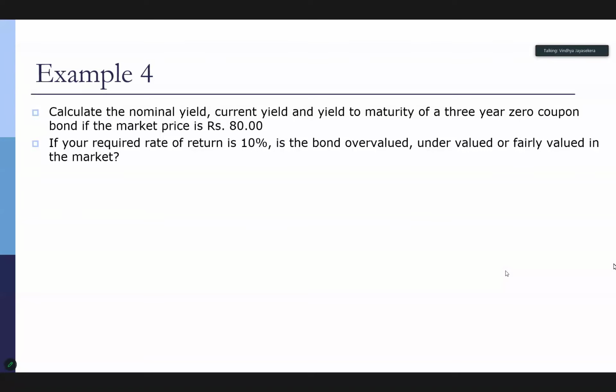It's not the YTM. Janani, correct. Johan, no. Your nominal yield and current yield are not correct. So remember, it's a zero coupon bond.